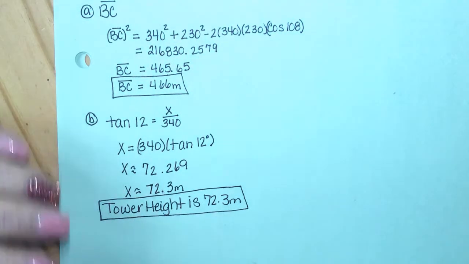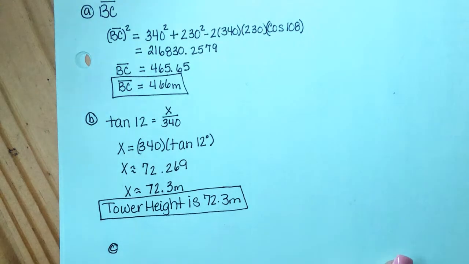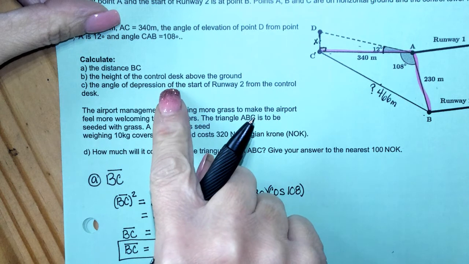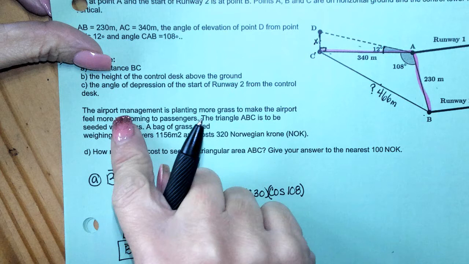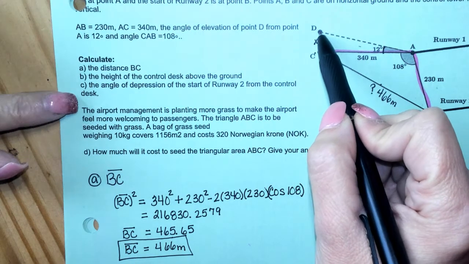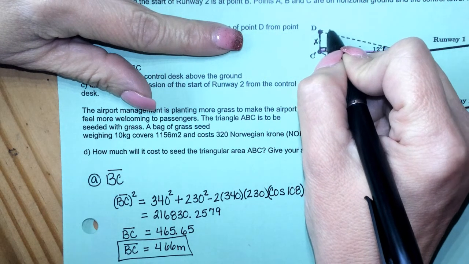All right, so C, moving on. I'm going to put C down here. All right, so what did C say? C says the angle of depression of the start of runway 2 from the control tower desk. Okay, so from the control tower desk, I'm going to go across here.